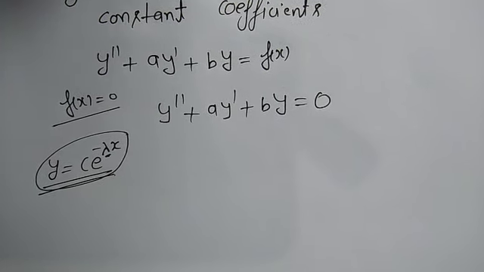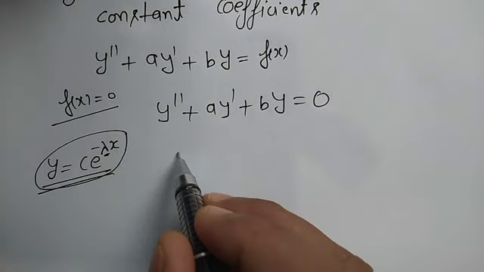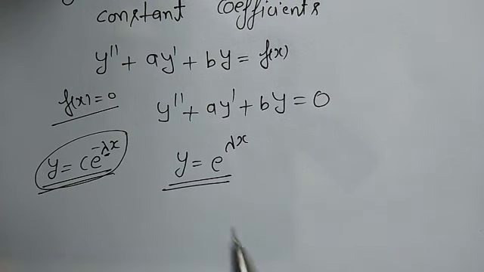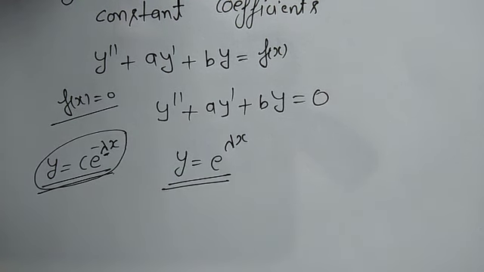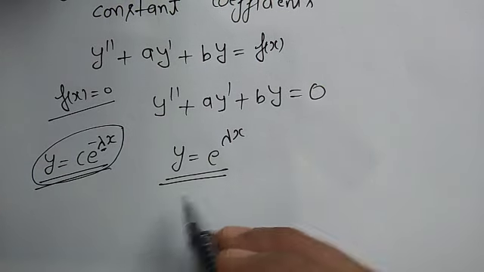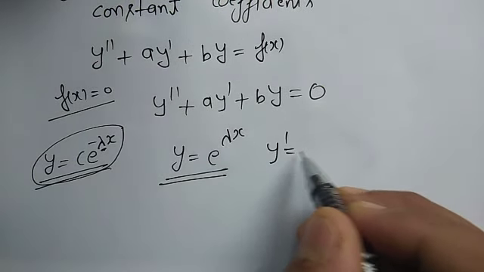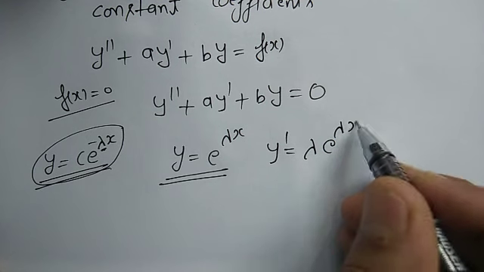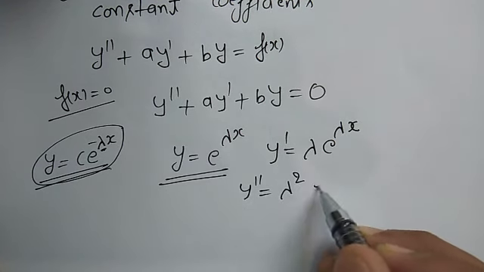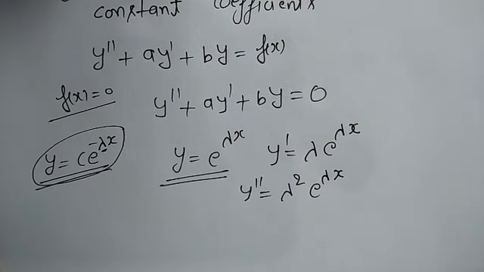So let us have the trial solution y equal to e power lambda x, based on the solution of the first order linear ODE. So y dash will be lambda e power lambda x, y double dash equal to lambda square e power lambda x.